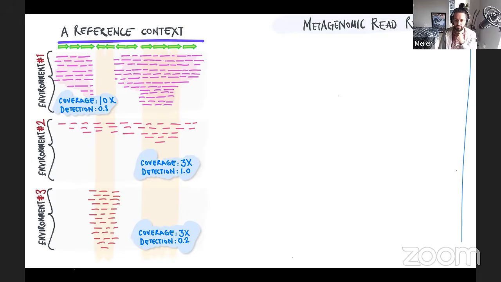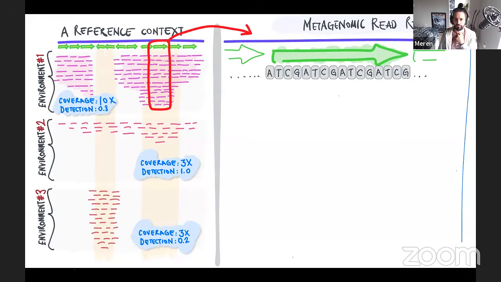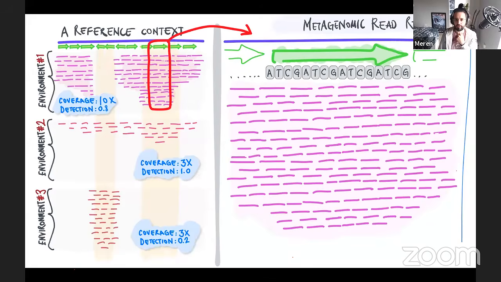Subtle things are going to be equally important for some other research questions. For instance, let's focus on this part of this single gene, and imagine that we are able to see these individual sequences here. When we look at the read recruitment at the resolution of these nucleotides, we can see things that we may not be able to see by looking at overall patterns we observe through read recruitment.